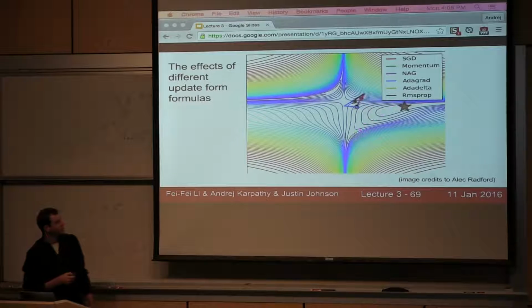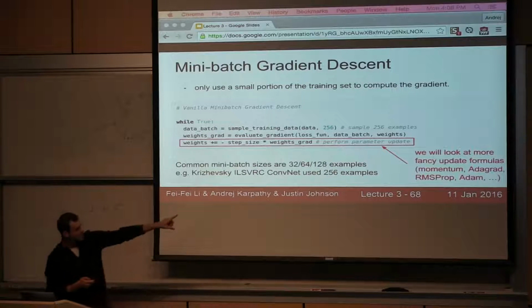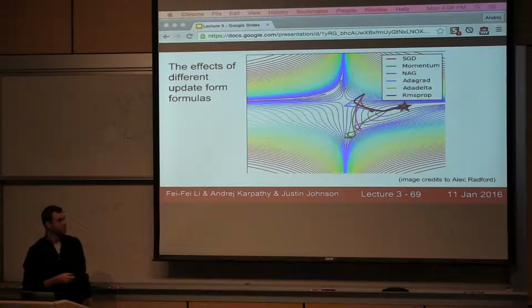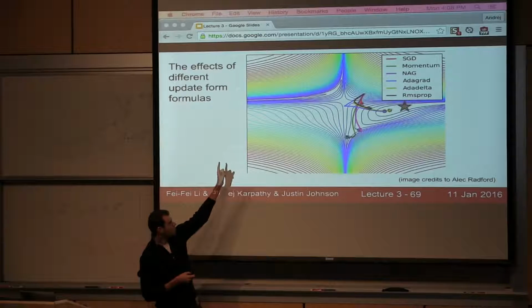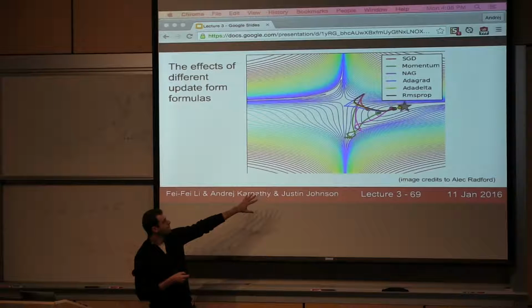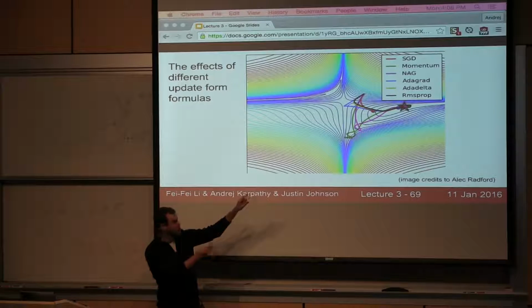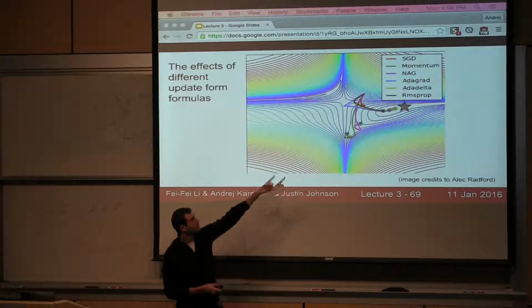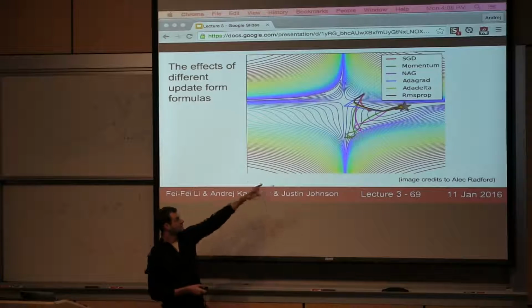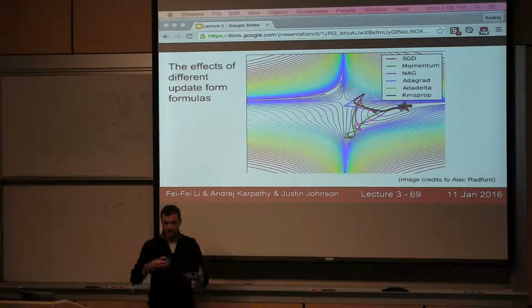So just to show you what these different choices might do in your loss function, this is a figure from Alec. Here we have a loss function, and these are the level curves. We start off optimization over there, and we're trying to get to the basin. Different update formulas will give you better or worse convergence in different problems.